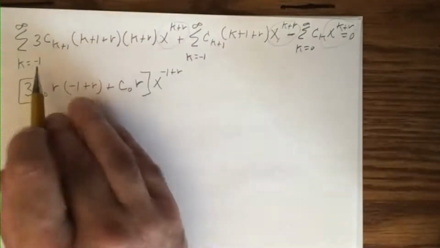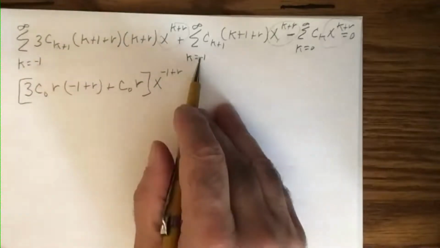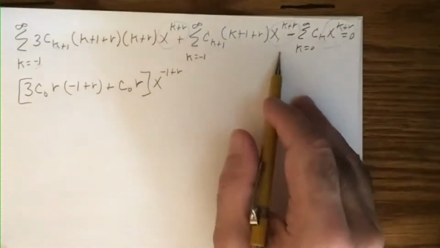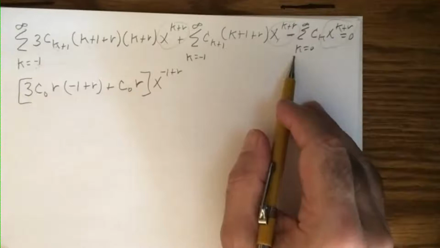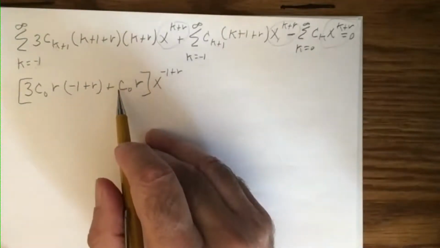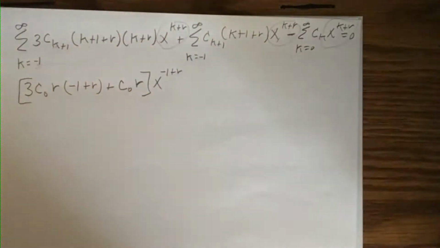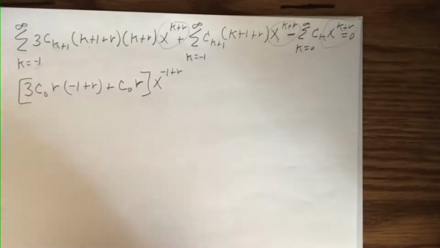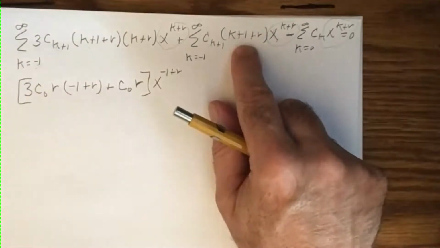This is important now. So we have to expand this out, but now I have everything starting from 0. Okay, someone has a question? For the last term that we wrote on the first line, if we replace n by k plus 1, why don't we have c k plus 1 x to the power k plus 1 plus r?